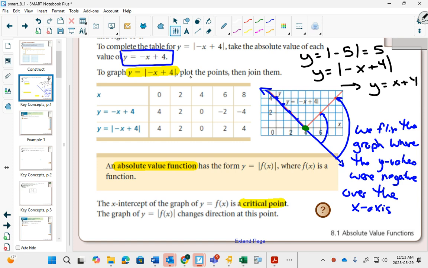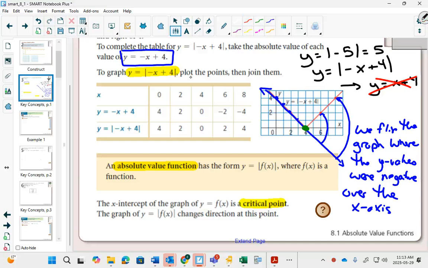That is not allowed, because with absolute values you first have to get a single number inside. Remember when we did that? It was in chapter 2. First you had to get a single number inside, then you could make it positive. Unfortunately, with negative x plus 4, you don't have a single number inside. You just have to leave it. So we will graph the inside and flip the negative part up, and that will get us our answer.